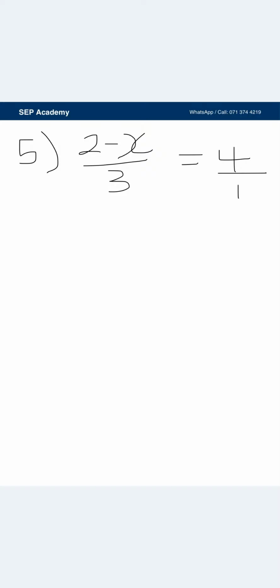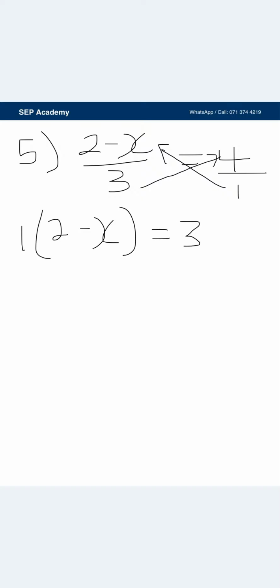On this side, to force it to be a fraction, you divide it by 1, just so that you can cross. When we say cross, it means this cross to multiply that, and this at the bottom cross to multiply that. So it's like that one will be multiplying that 2 minus x equals to that 3 will be multiplying that 4. It doesn't matter if you say 4 times 3 or 3 times 4.